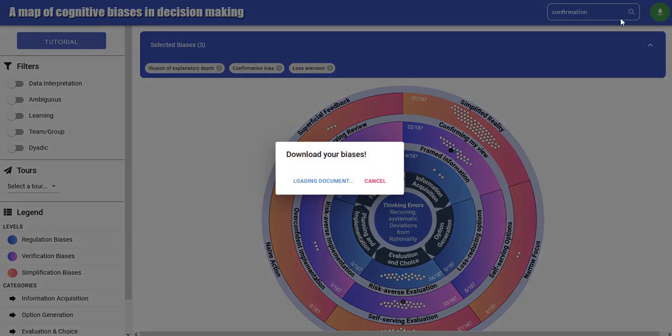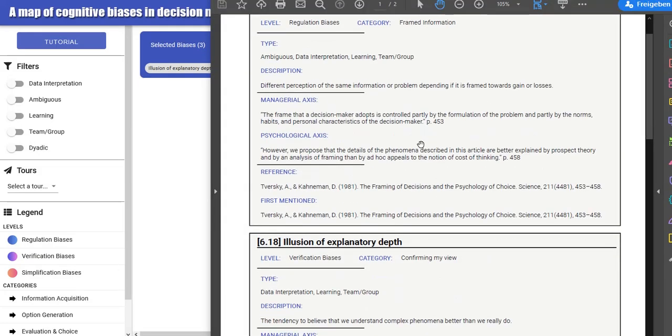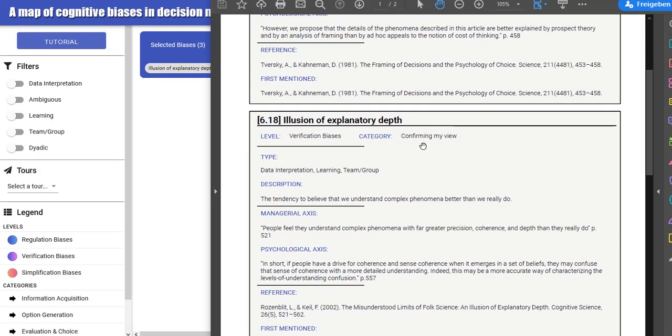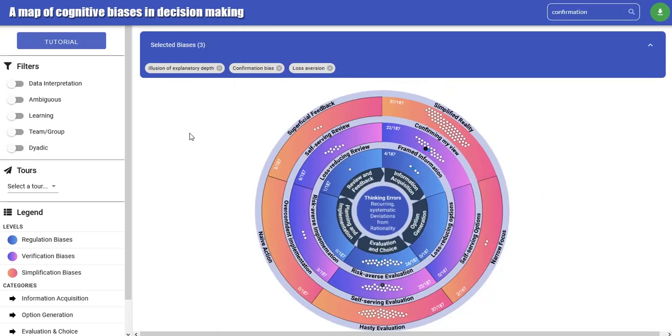It will generate your personalized map of biases. You can download it, and at the end of the day, you will see your choice with all the detailed descriptions and can use that as a basis to understand these biases and ideally to apply ideas how to mitigate these biases in your individual decision-making process.